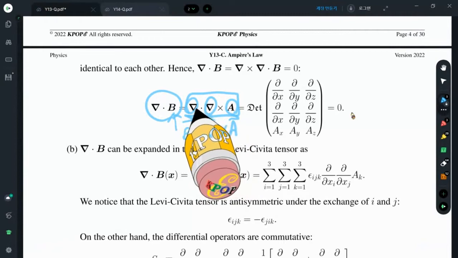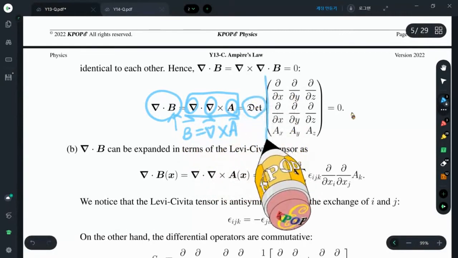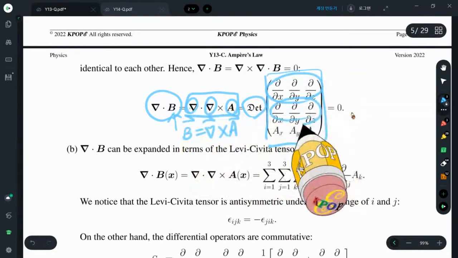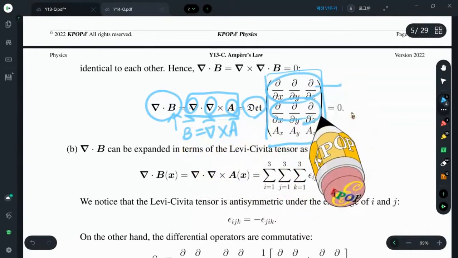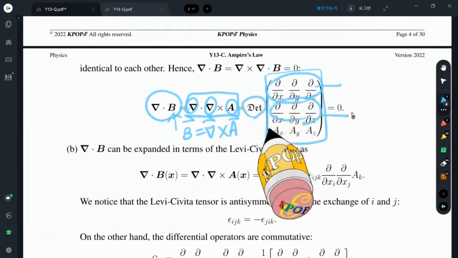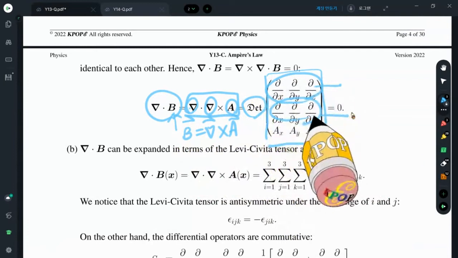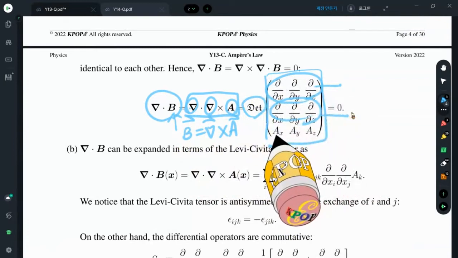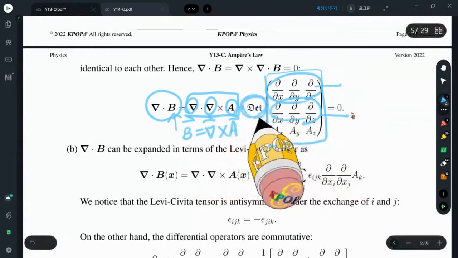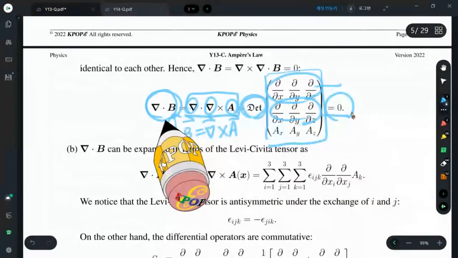The derivative operator can be included in a definition using a determinant. And we know these two gradient operators are identical to each other. When you compute the determinant, if any two rows are parallel, then the determinant is 0. Therefore, it is trivial to find that divergence B is 0.